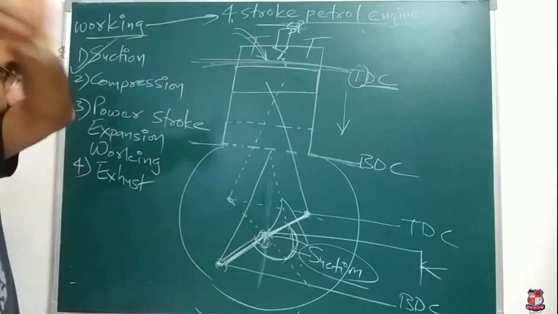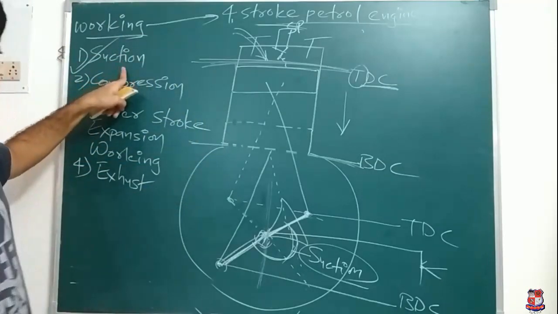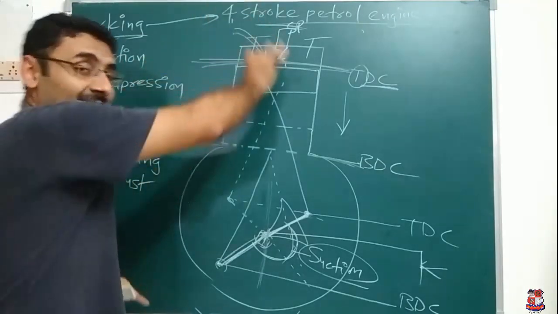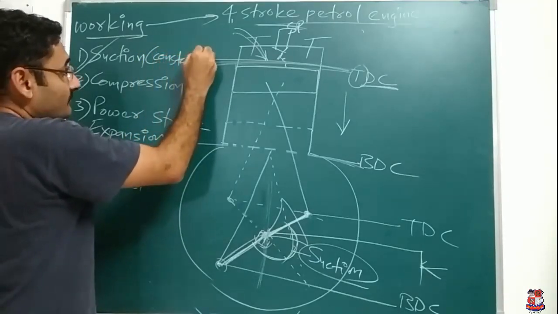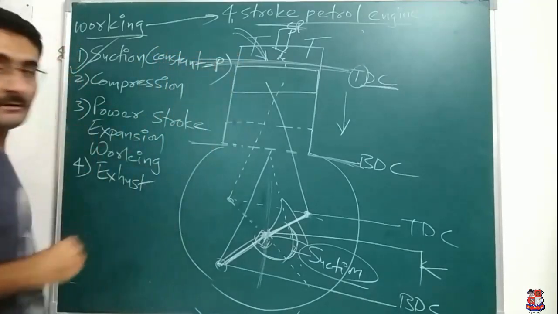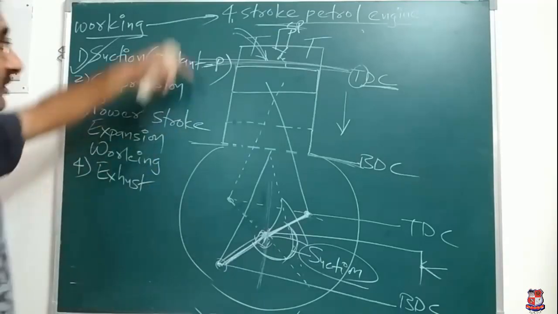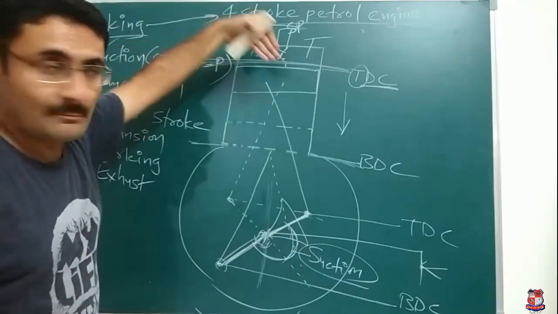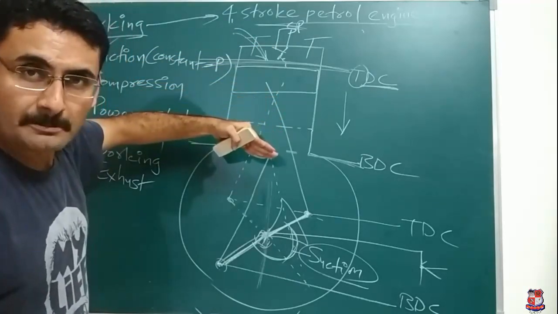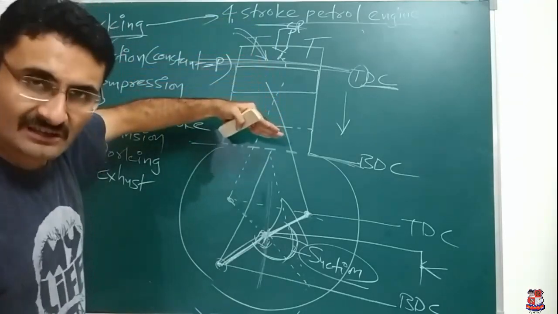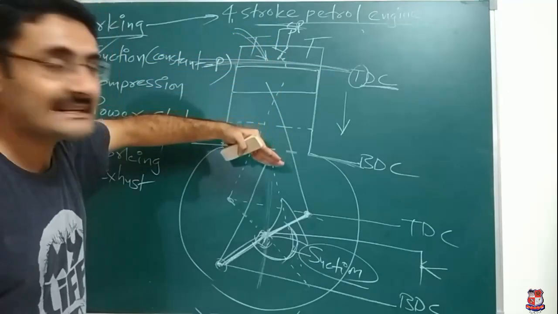Okay, now remember one thing: in suction stroke we are sucking pure air and fuel mixture at constant pressure. At constant pressure means what? Simply, atmospheric air will enter and piston will move from TDC to BDC. That means pressure remains constant, only volume is increasing.